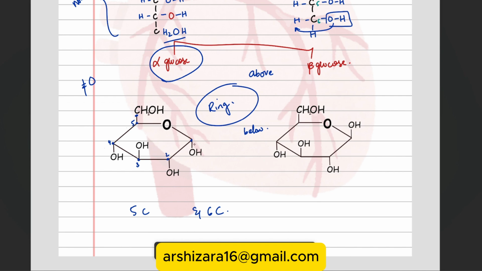These rings are of two types, alpha glucose and beta glucose. In alpha glucose, the OH on the first carbon is below the ring. Only one thing is different. In beta glucose, the OH group is above.